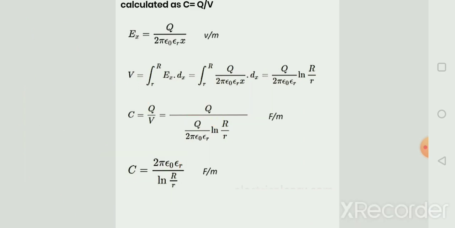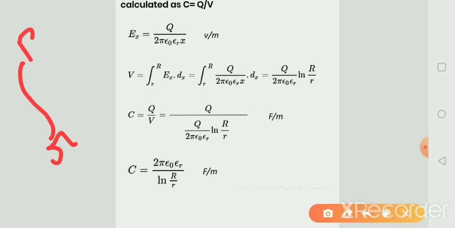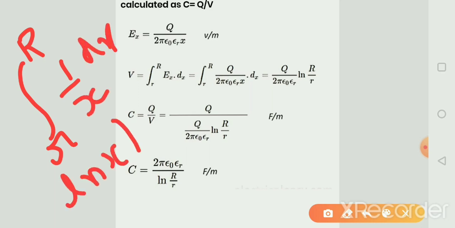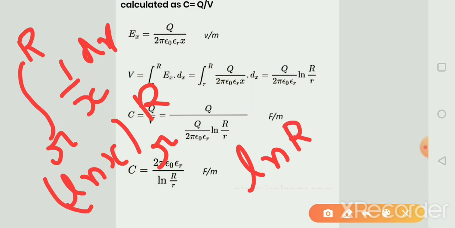So now we have to integrate from small r to capital R. The integral of 1 over x dx is ln x. Now we take the limit from small r to capital R, which is ln capital R minus ln small r.